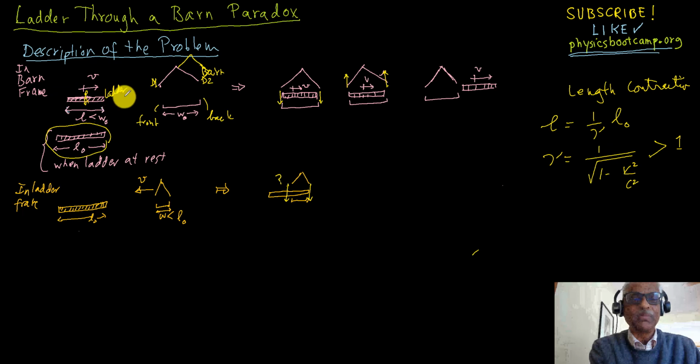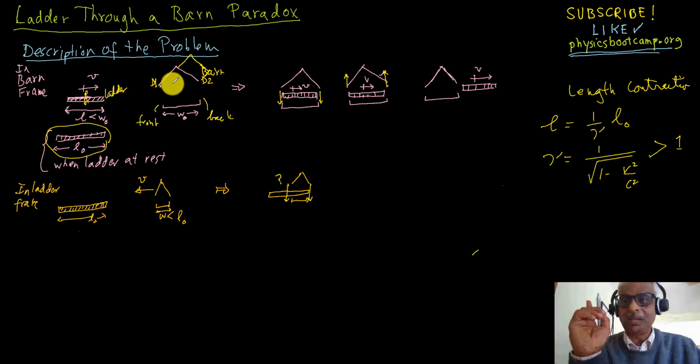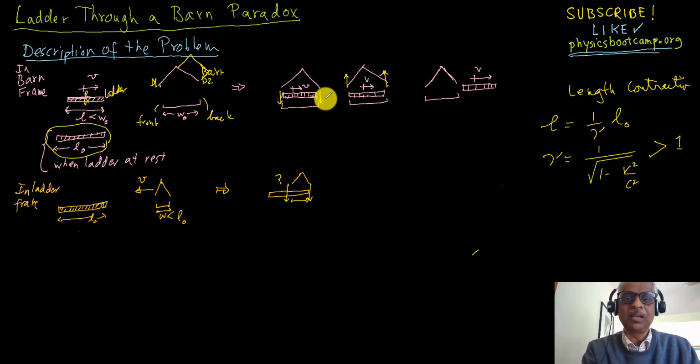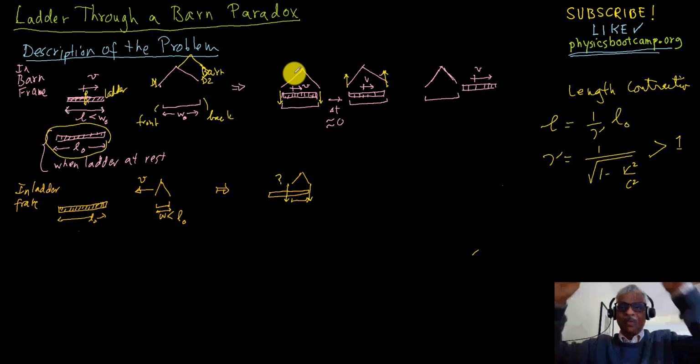So when the ladder comes in, there will be a time when the ladder is completely inside. At this time, both front and back doors are slammed shut at the same time, for an instant, with delta t almost 0. You bring it down and then bring it up.